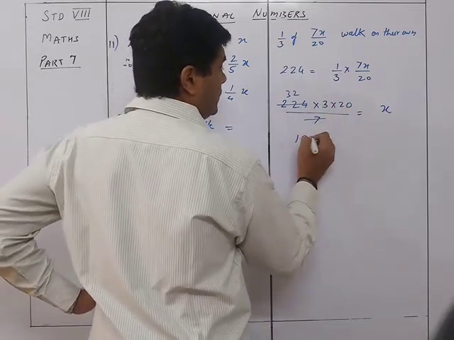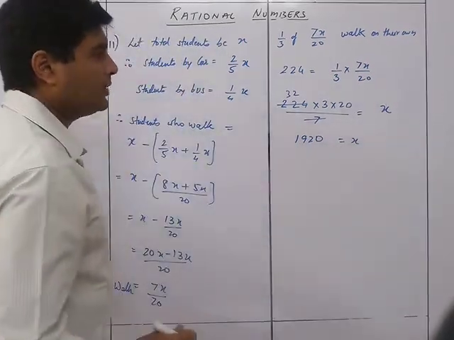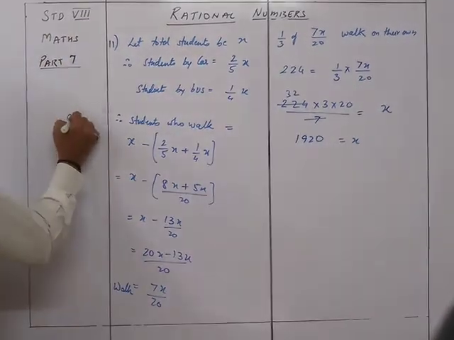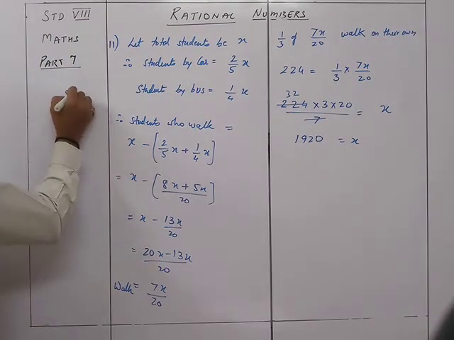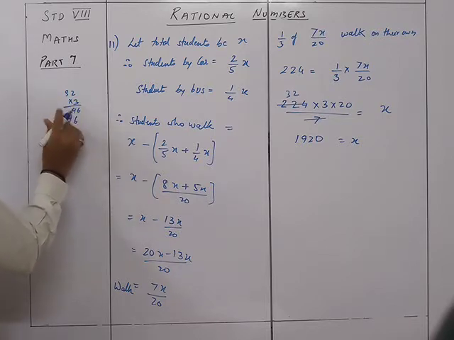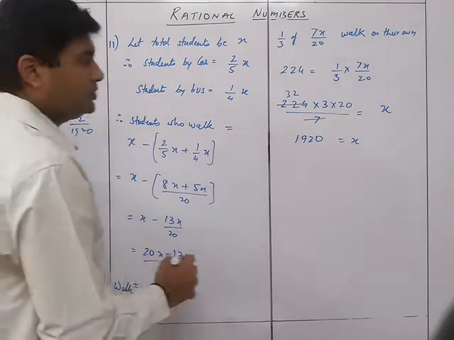So it's 1920 is equal to x. Okay, I just cross-check. 32 into 3 is 96. Yes, 96. And 96 into 2 is 192. Yeah, that's right. So this is the value.